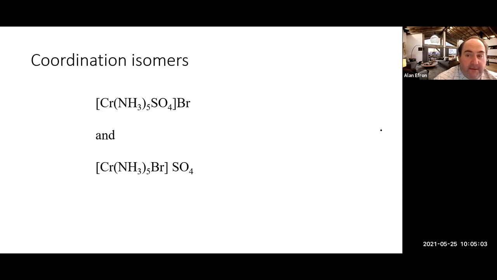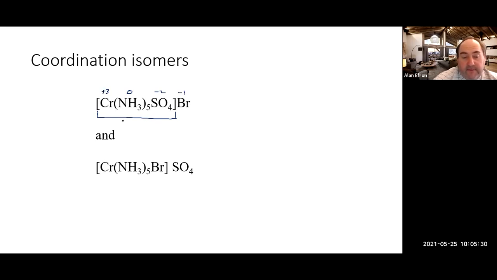The difference in this case is what is part of the complex ion and which ones are not part of the complex ion. Remember that this is our complex ion part here. NH3 is 0, sulfate is -2, and bromine is -1. That means the oxidation state on chromium is +3.